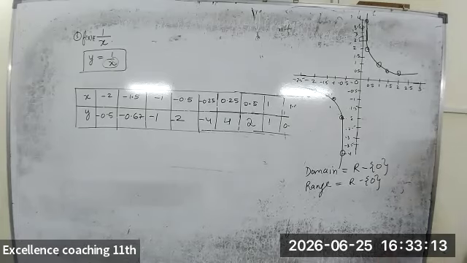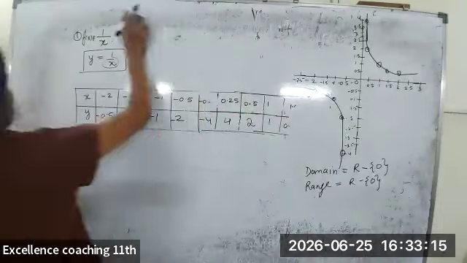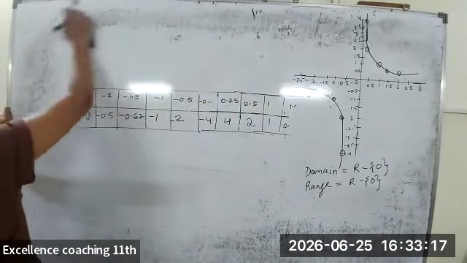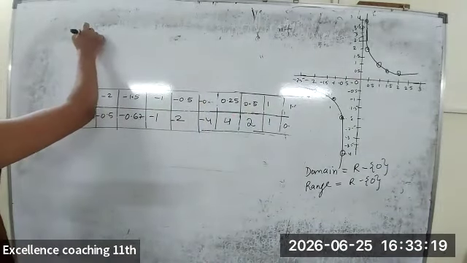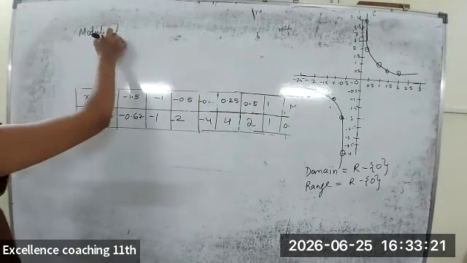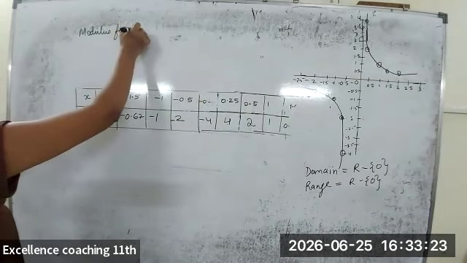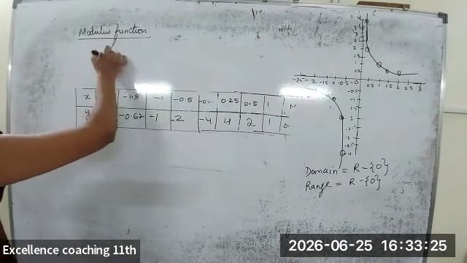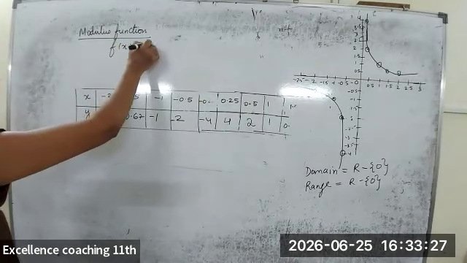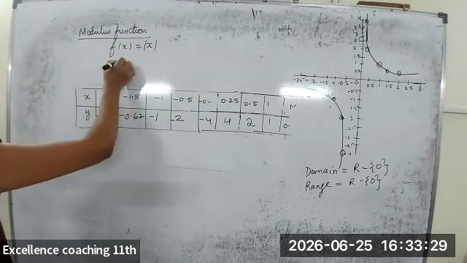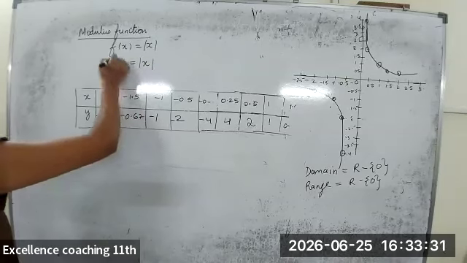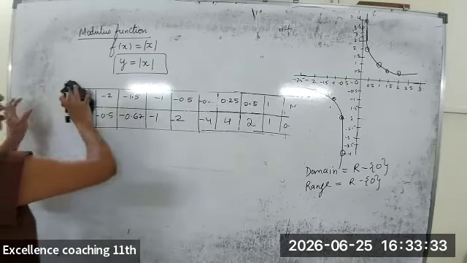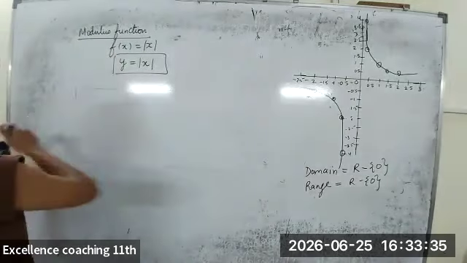One last one will do. Sixth one, modulus will do. Modulus is easy now. Take your normal values. -4, -3.